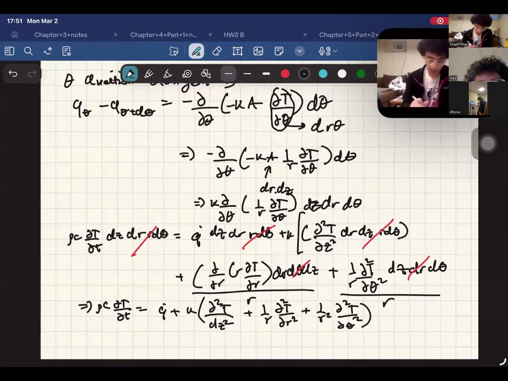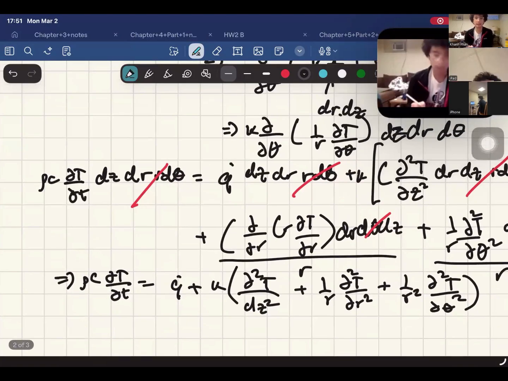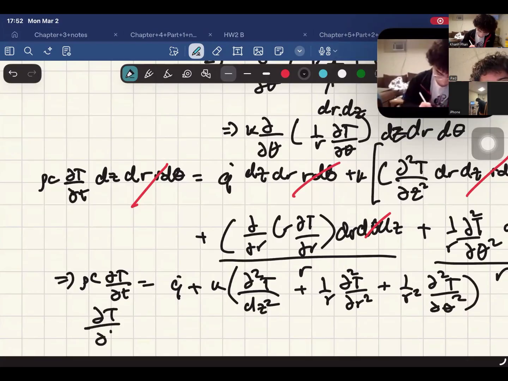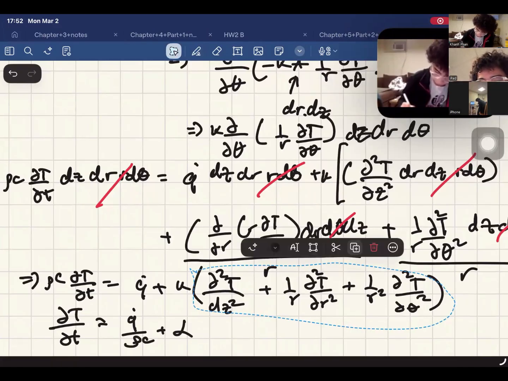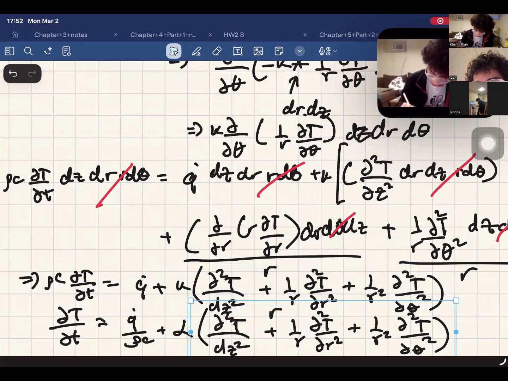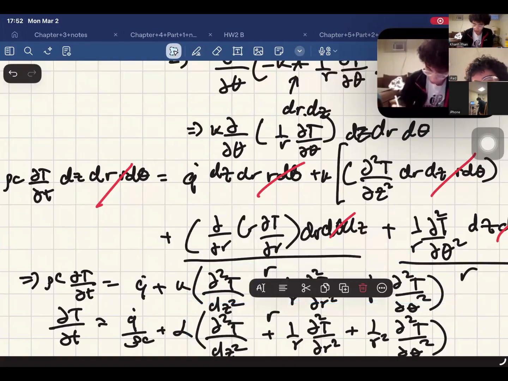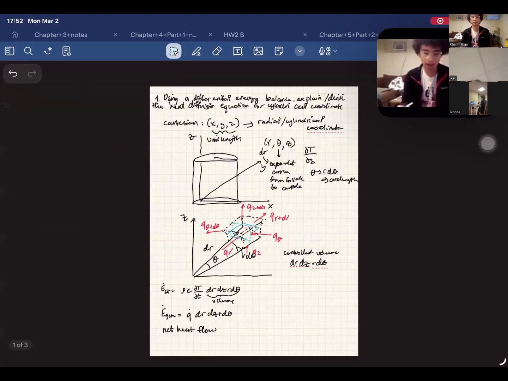Okay. And then we move density and heat capacity to the right side. We'd have dT, change in temperature with respect to time, equals Q over rho C, over alpha, and then just this equation over here. So yep, that's how we derive this. Thank you for listening.